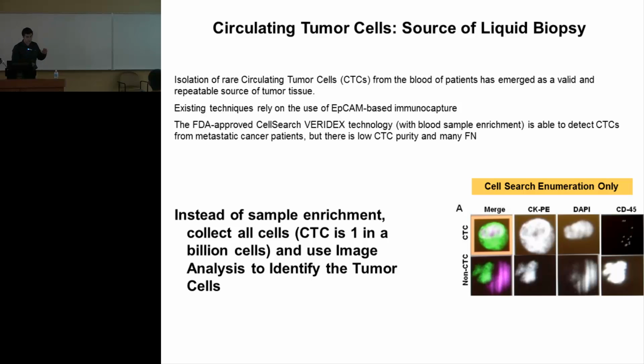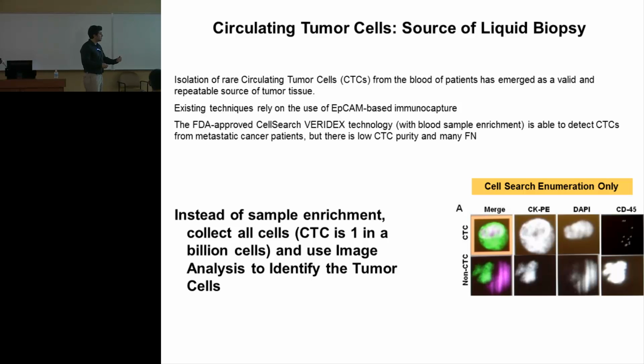And there is only one FDA-approved method of counting and enumerating these cells so far in the States, which is the CellSearch of Veridex, a Johnson & Johnson company. They use a certain molecular marker, EpCAM, basically something that would mark the tumor cell. They call it blood sample enrichment.